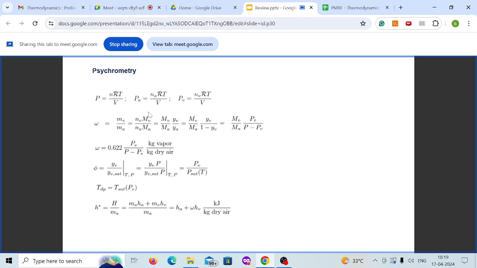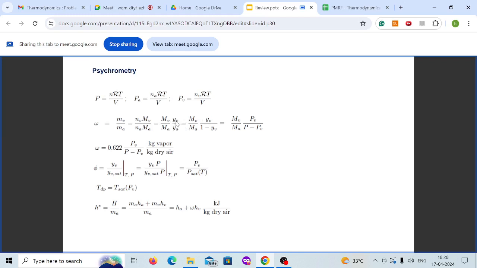Then nv can be converted into mole fraction by dividing by the total number of moles, so that gives molecular weight of vapor times mole fraction of water vapor divided by molecular weight of air times mole fraction of air.